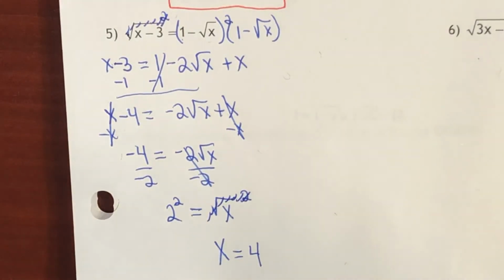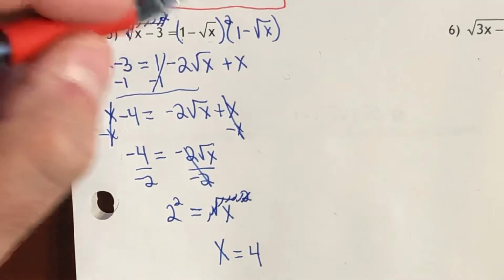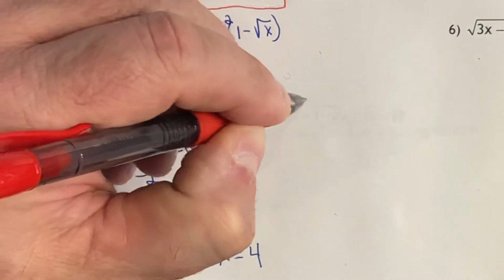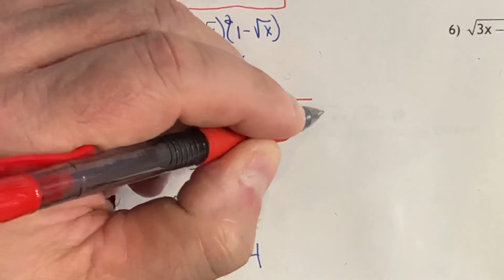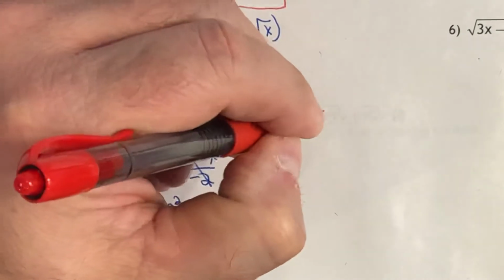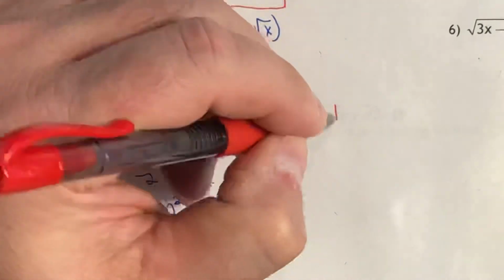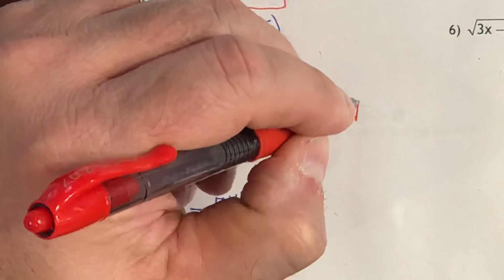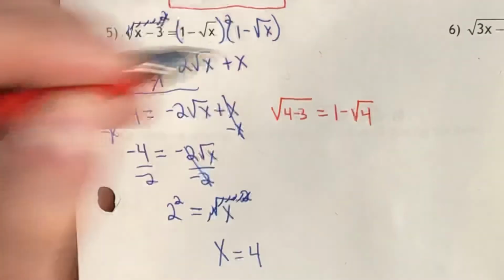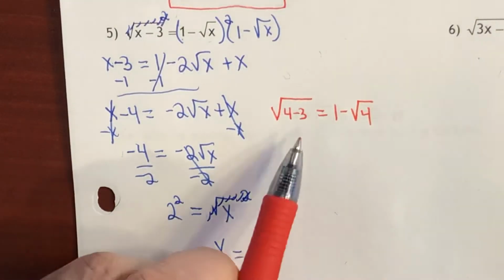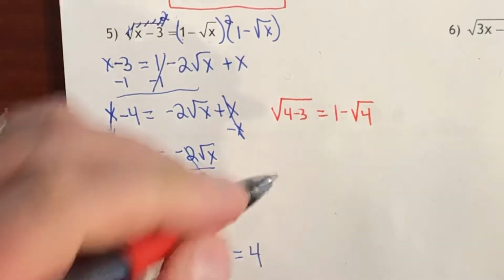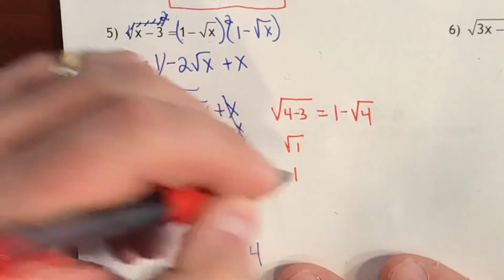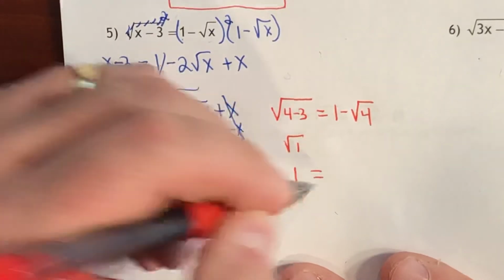And let's make sure that that actually works, plugging back into the original. So square root of x minus 3, so 4 minus 3, equals 1 minus a square root of, and we're putting 4 in for x. So here on the left side, the square root of 4 minus 3 is the square root of 1, and we know that that's just a 1.